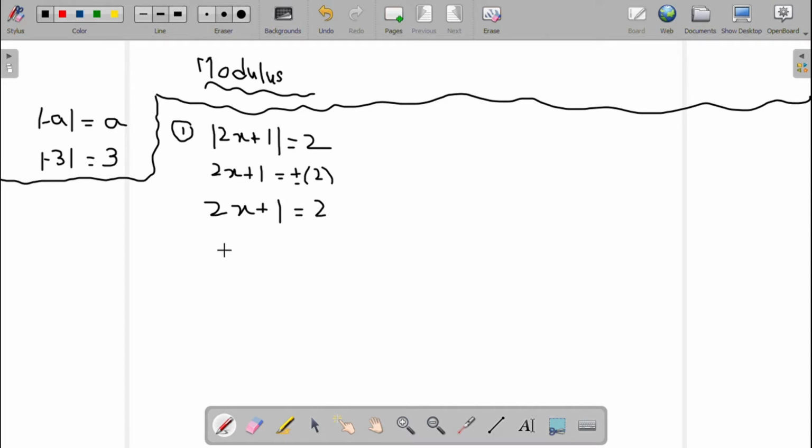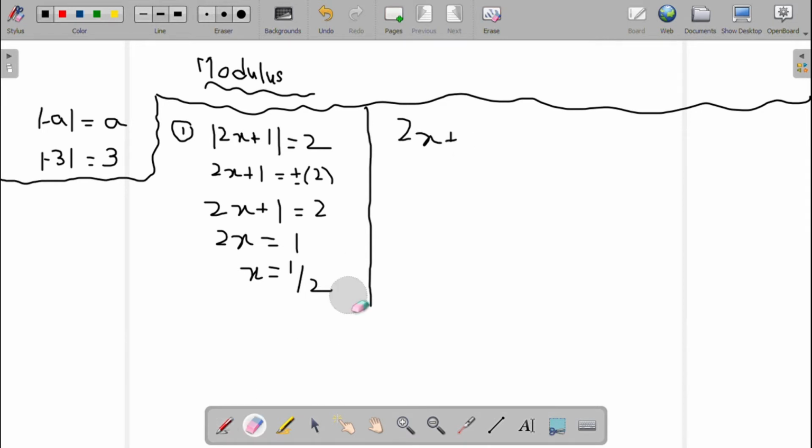First of all, we'll solve it with the positive 2. So 2x plus 1 equals 2. So 2x equals 2 take away 1, it becomes 1. So x equals half. Okay, now we will solve it with negative 2.